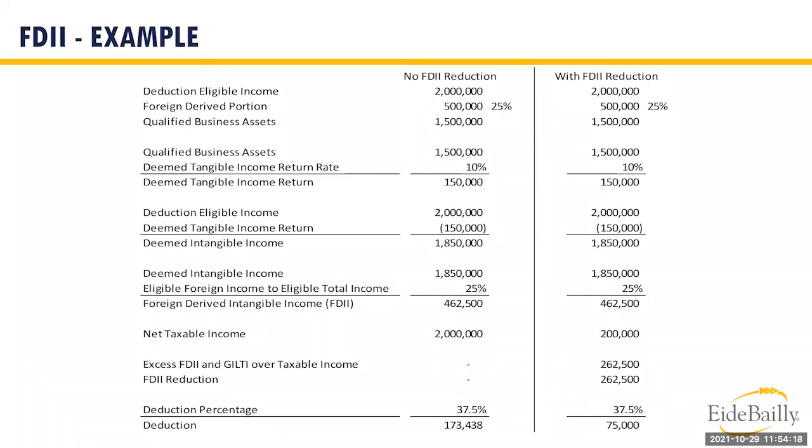We could presume that there would be an NOL or some other benefit that has driven down net taxable income, otherwise, to bring us down to $200,000 in the column on the right, thereby reducing the amount of FDII that's eligible to be taken by 262,500, as that is the amount of FDII benefit that exceeds our taxable income. Taking 37.5% times the balance shows us the reduced amount of deduction that would be allowed to be taken against our taxable income.